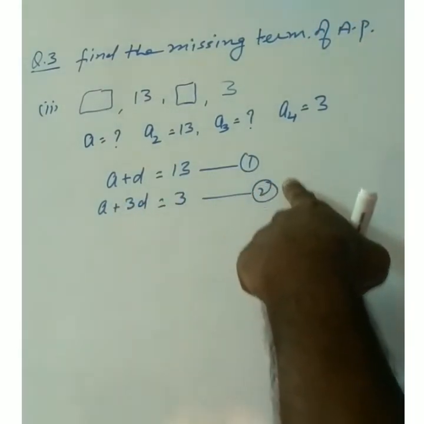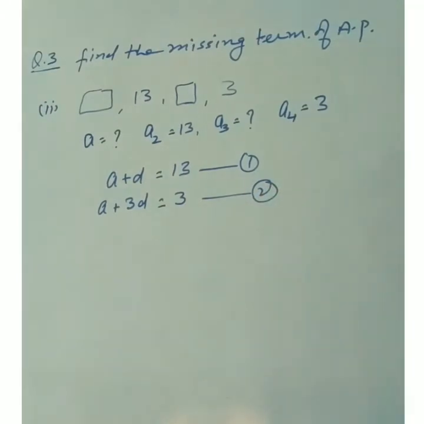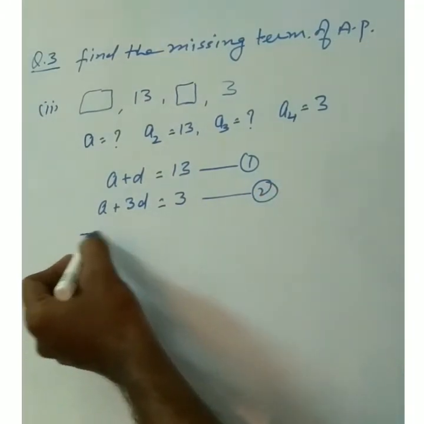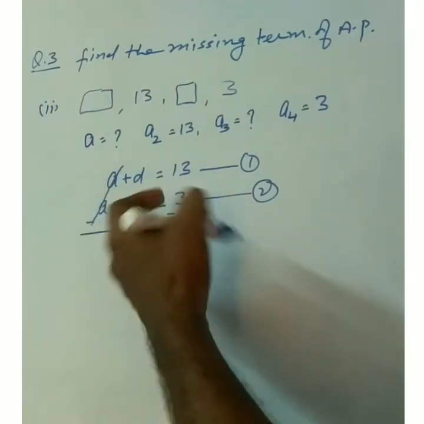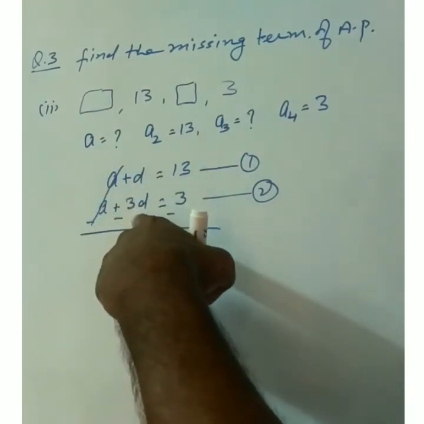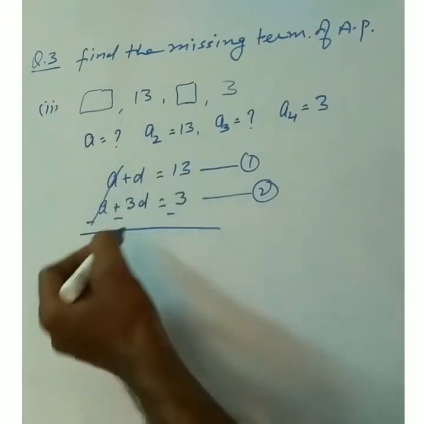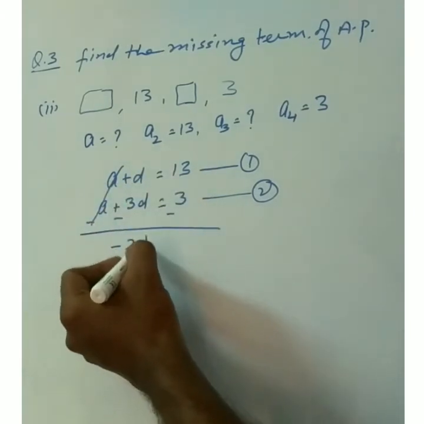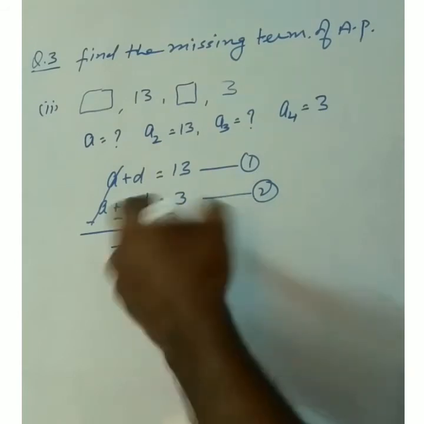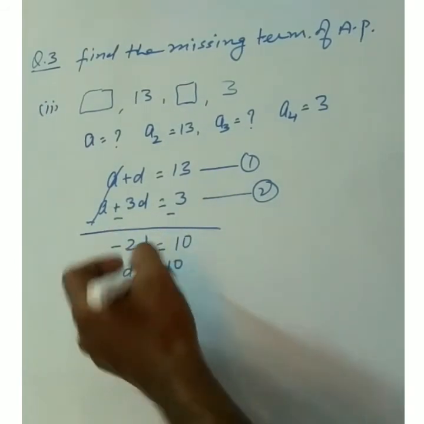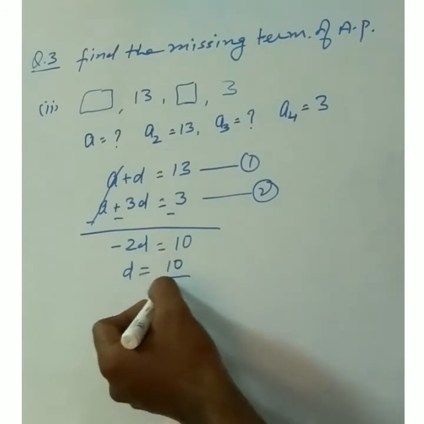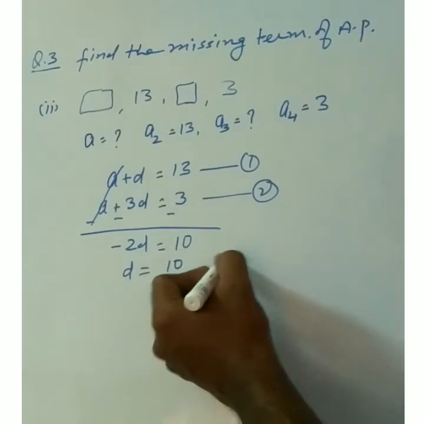Now we will solve these two equations to find out a and d. Subtract these two, a cancels. 1d minus 3d is minus 2d. 13 minus 3 is 10. So d equals 10, shift this to the denominator, minus 5.